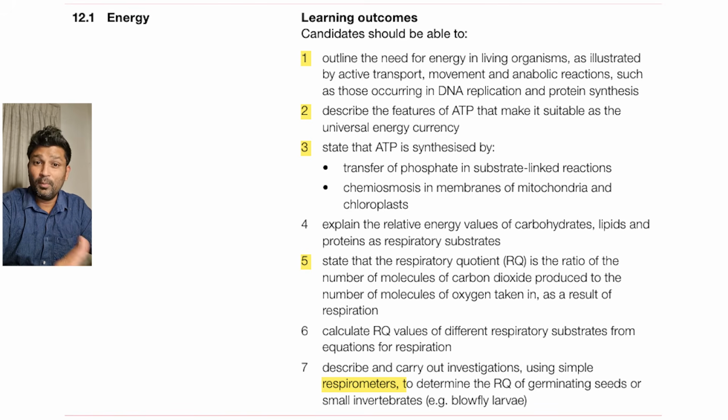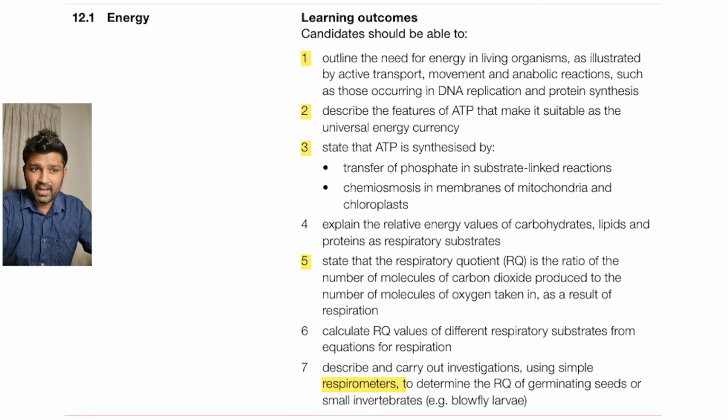One way, which we normally do, is to find the ratio of the volume of carbon dioxide given out over the volume of oxygen that was used up. You would also want to go through the respiratory quotient values for carbohydrates, proteins and lipids, and all these values are given in your reference books, so you should know them by heart.